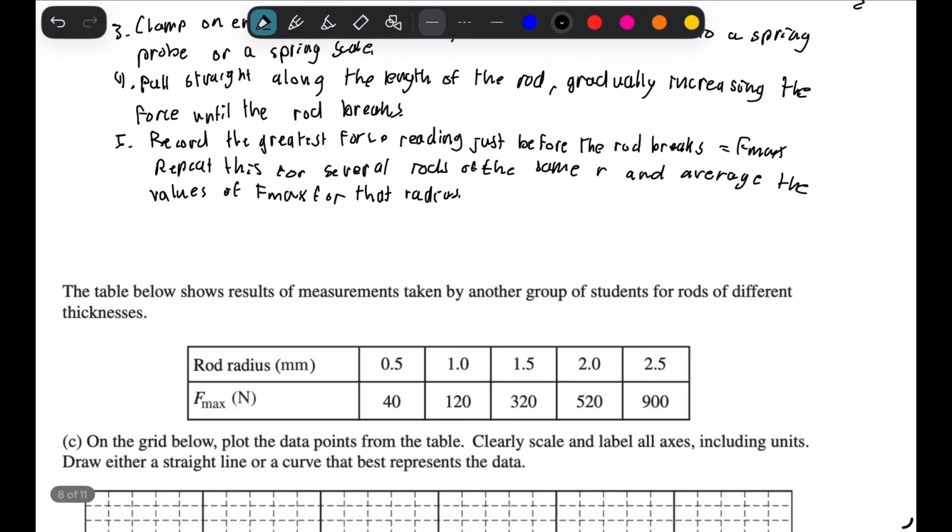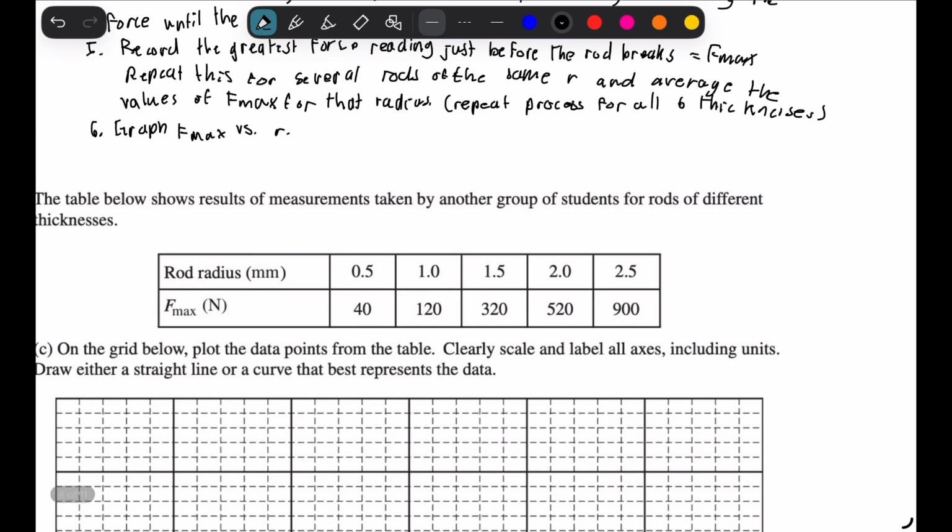Now, we can specify that we're going to repeat the process for all 6 thicknesses. We want multiple data points. You're going to graph F max versus R.